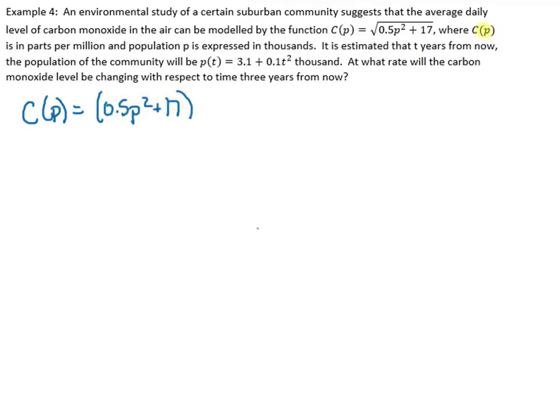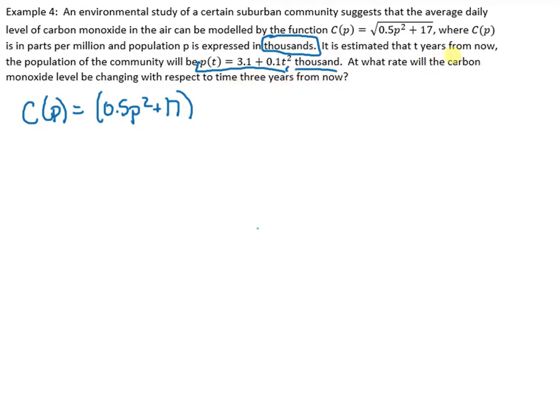Okay, so where C at P is in parts per million and population P is expressed in thousands. That's always important. It's estimated that t years from now, the population of the community will be this equation, 3.1 plus 0.1 t squared, in thousands. At what rate will the carbon monoxide level be changing with respect to time 3 years from now?